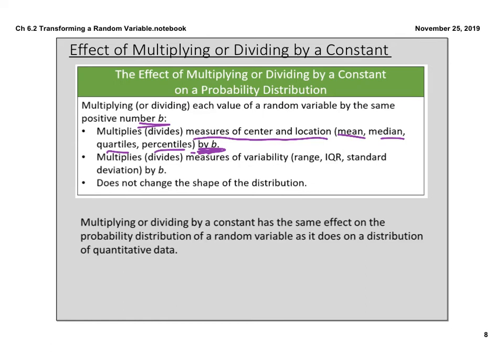We also want to multiply the variability, meaning the range, IQR, standard deviation. So now this is where it's different than adding. So we have to actually change our variability, our spread, whatever we're looking at. But still, it does not change the shape of the distribution. So that's a good thing, okay? Multiplying or dividing by a constant has the same effect on a probability distribution as it did on a quantitative data distribution.